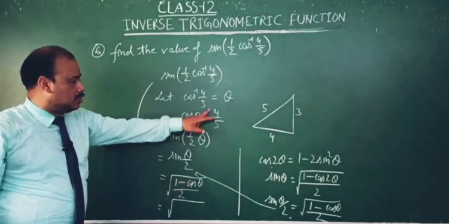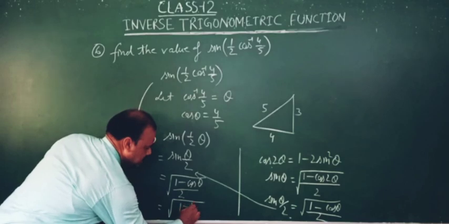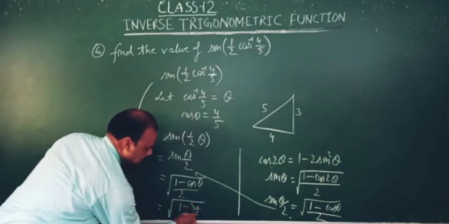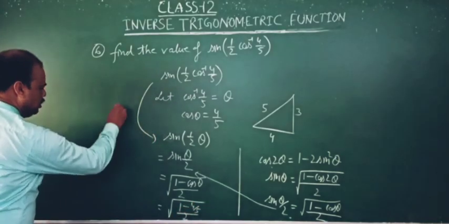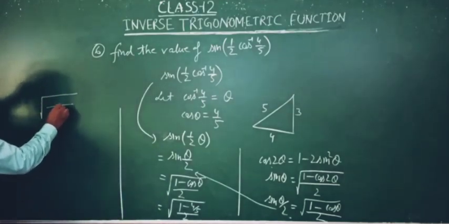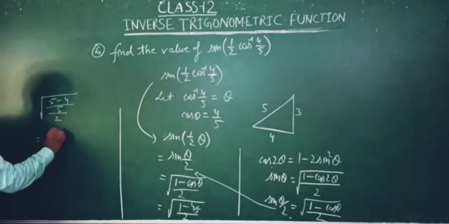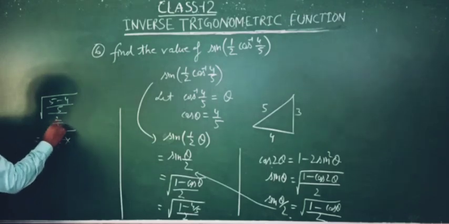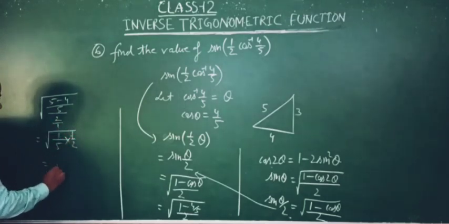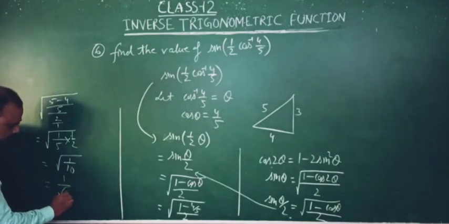Cos theta equal to 4 by 5. So 1 minus 4 by 5 divided by 2. Then 5 is the LCM. 5 minus 4 divided by 2 equals 5 minus 4, 1 upon 5 into 1 by 2. It means 1 by root 10.